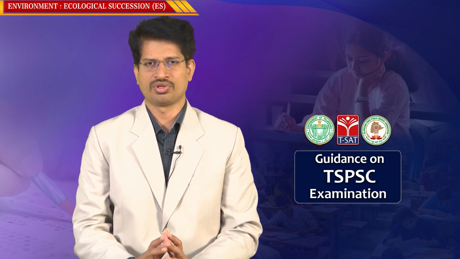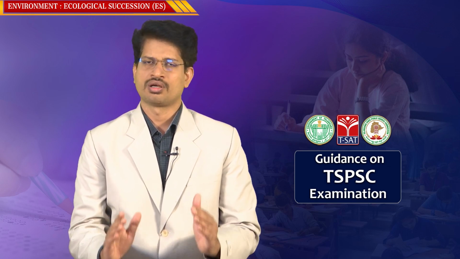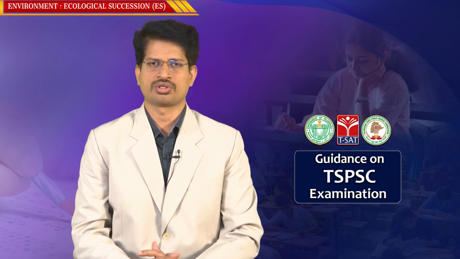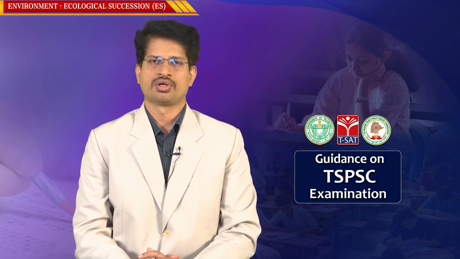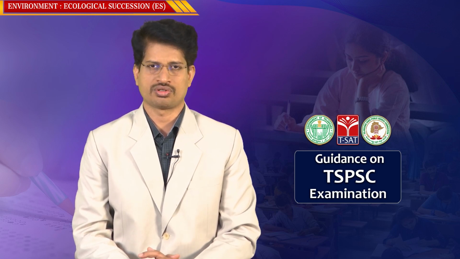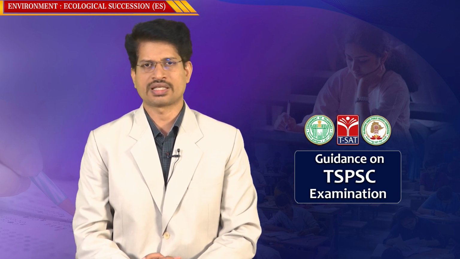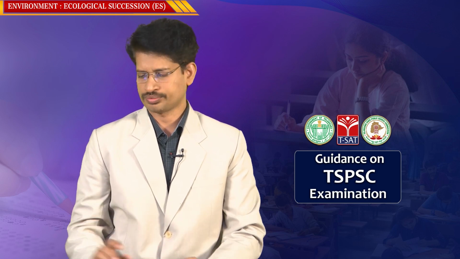Over a period of time, they change from simple to complex over a series of stages. Finally, there will be a final establishment of species. The existing species which we are able to observe right now are known as climax species. This happens through certain stages. What are they? Let us examine what ecological succession is.